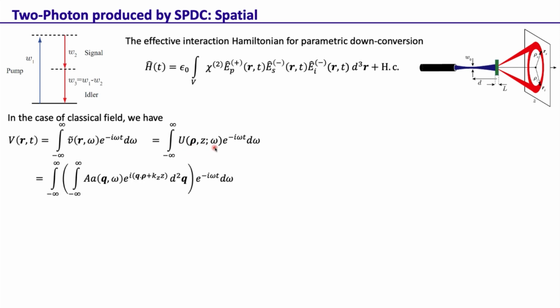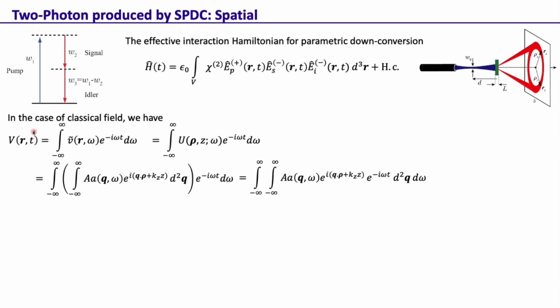If we expand this in a two-dimensional manner, then u(ρ,z) can be written in this form, and this we had derived. This ρ is the two-dimensional vector, and then we go to the two-dimensional spatial frequency domain, and we can write u(ρ,z) in this manner. So finally V(r,t) we can write in this manner. z still remains there, but we have introduced frequency space and also the two-dimensional spatial frequency space.